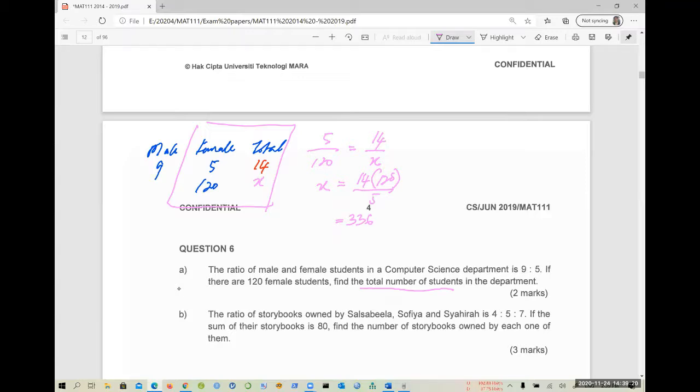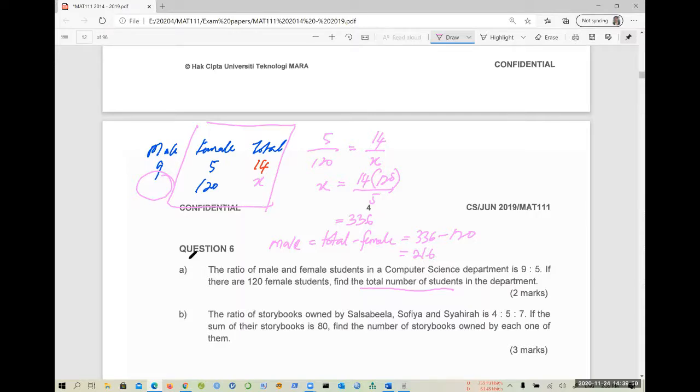If you want to find the value for the males, male will be simply equal to the total minus the female. So this gives you 336 minus 120, and you get 216.